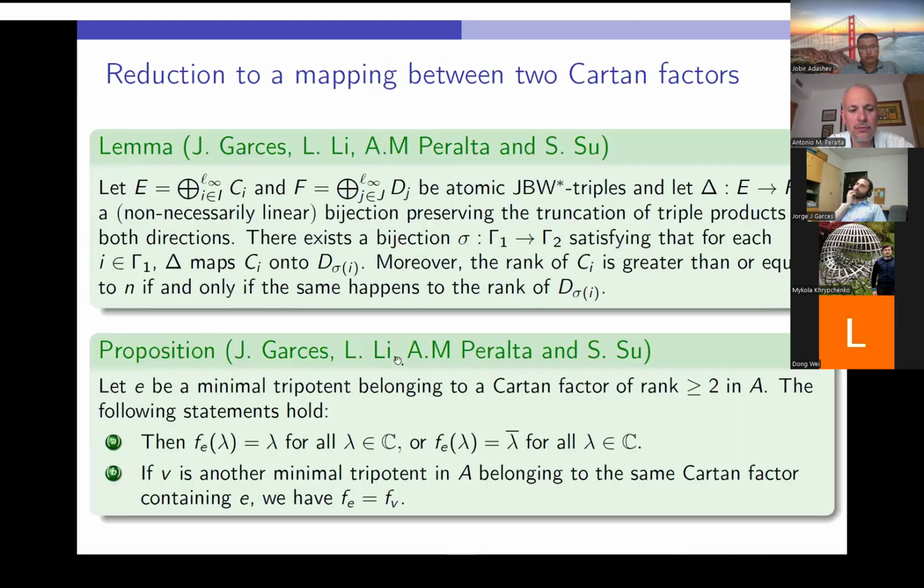And finally, we can show that this mapping F sub A, the mapping for which we knew that delta of lambda times a minimal tripotent was F sub A of lambda times delta of the tripotent, doesn't really depend on the minimal tripotent whenever we're in the same Cartan factor.